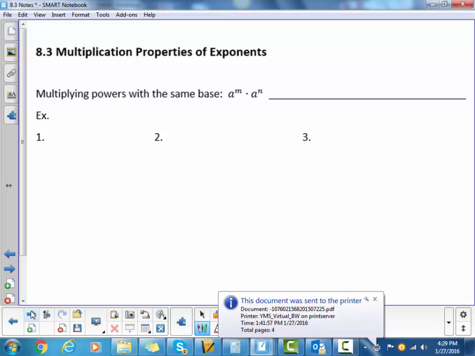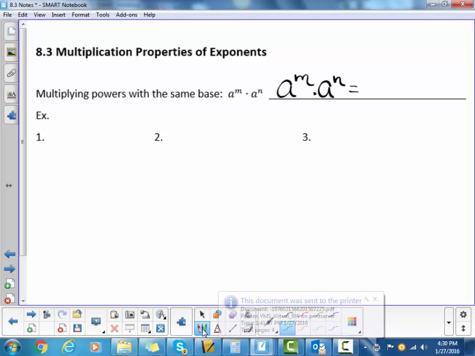Multiplication properties of exponents. Lesson 8.3. Multiplying powers with the same base. A to the m multiplied by a to the n. Both of those powers have a base of a.